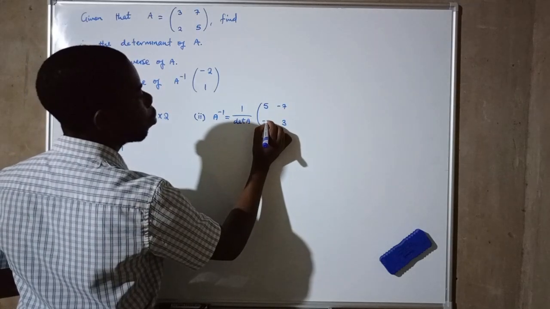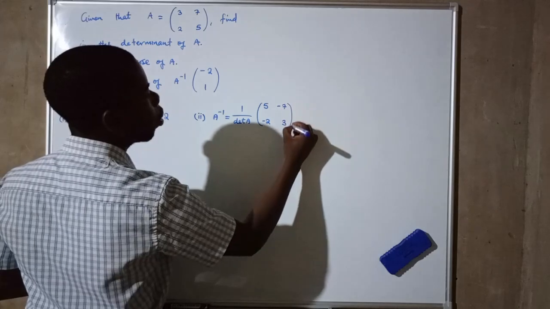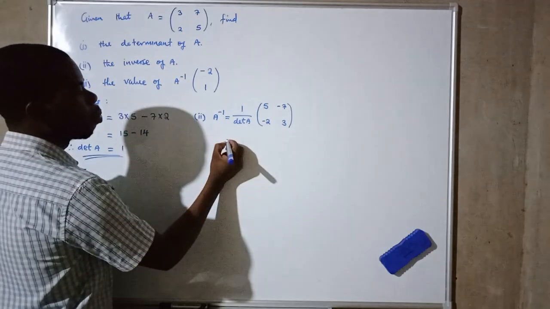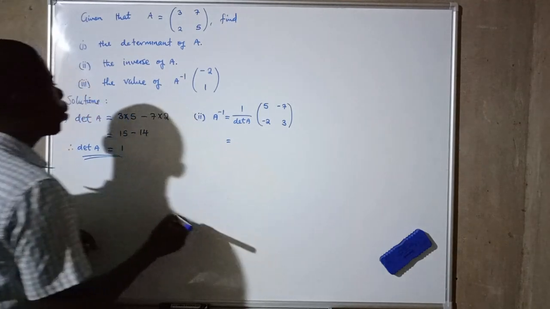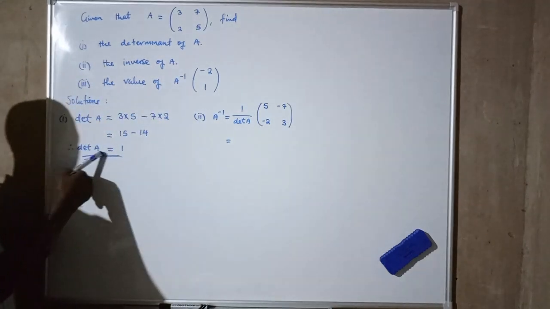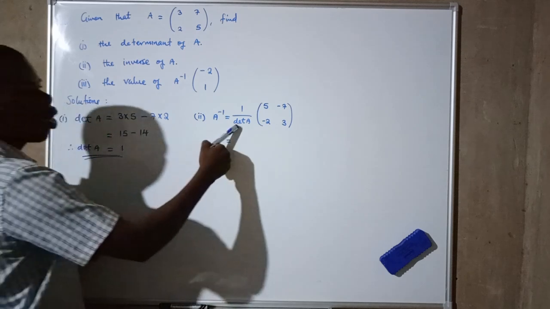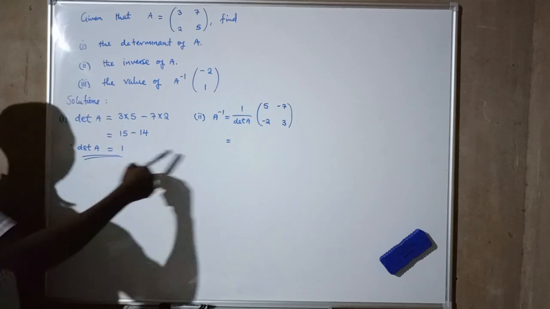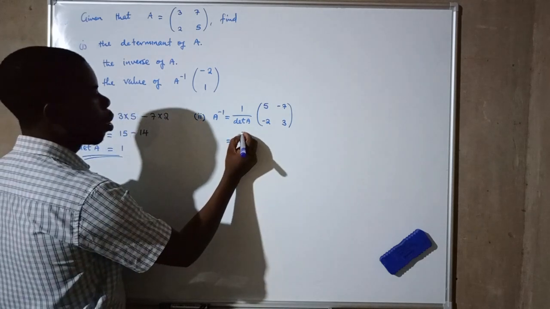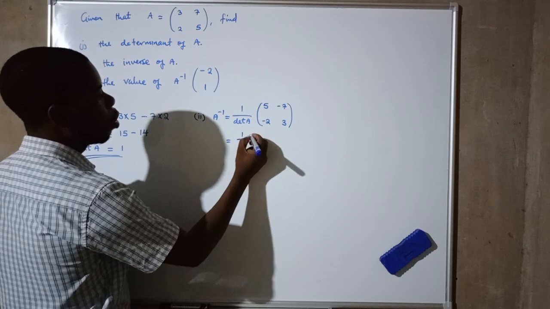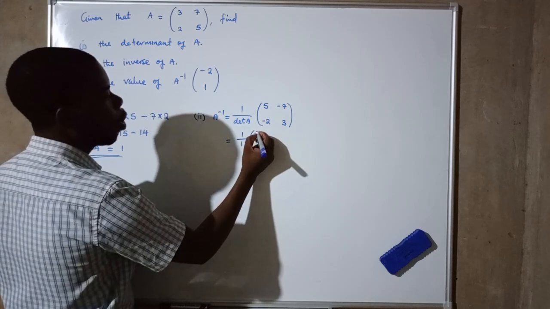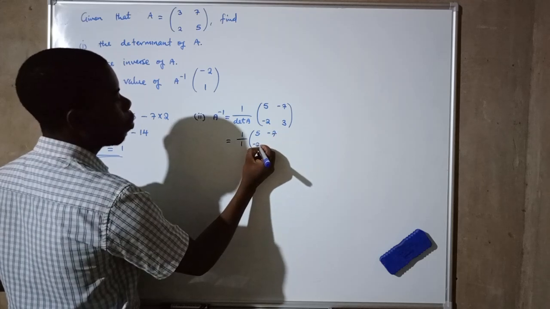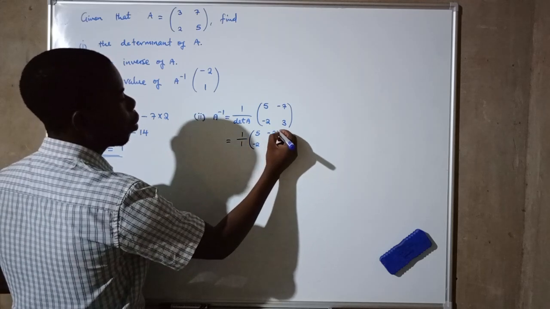Then here negative 2. Then we close. Then we'll say equals. Now when you check, we have found the determinant, which is 1, where there's the determinant of A, we have already found it here. It is 1. So just say 1 over 1, open brackets, we have 5, negative 7, negative 2, 3.